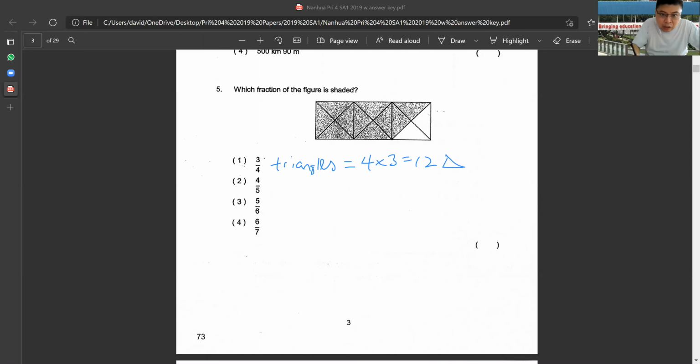Out of 12 triangles, how many are shaded? 10 over 12. So you reduce to lowest form, it's 5 over 6. So the answer is number 3. Are you clear? Yes. That's the reason why it's number 3.